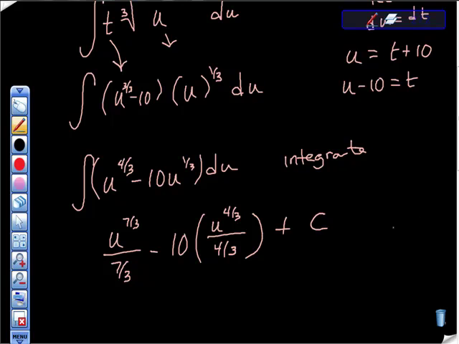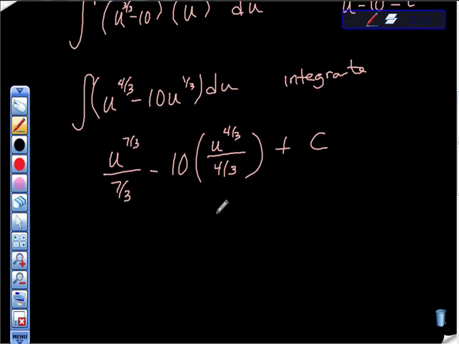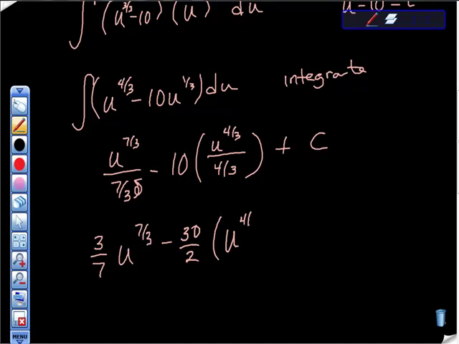plus c. Again, I hear you, it would be great if we could be done here, but we're not. This has to all be fixed. This is a complex fraction, so it comes up as its reciprocal, which gives us 3/7 u to the 7/3 minus 30 over 4 u to the 4/3 power, plus c.